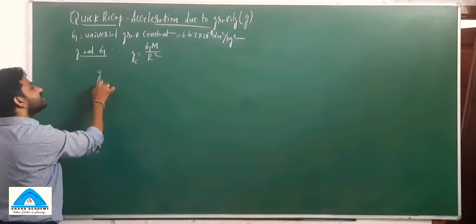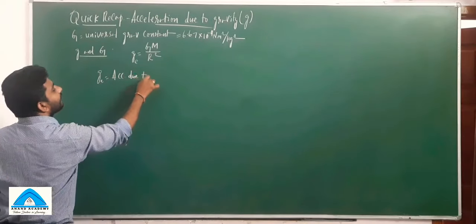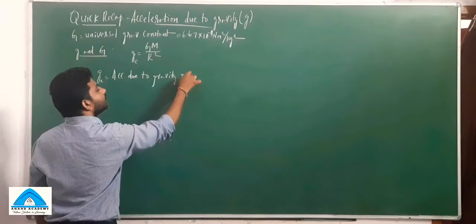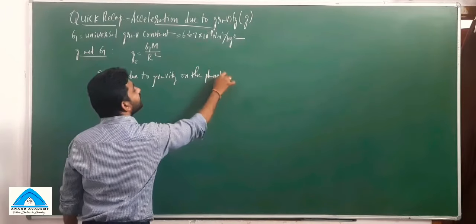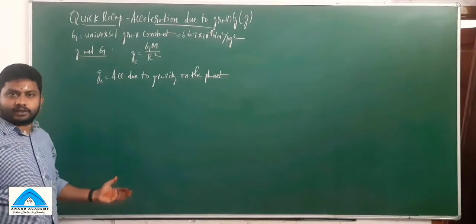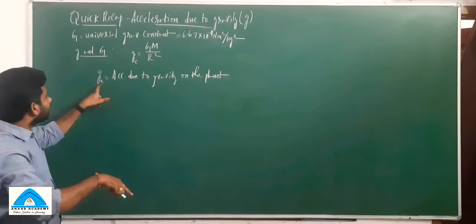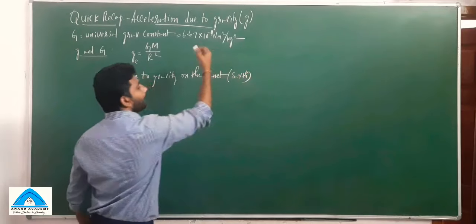G suffix E is acceleration due to gravity on the planet. That may be the Earth, Saturn, Jupiter, anything. Here we had taken the planet called Earth.